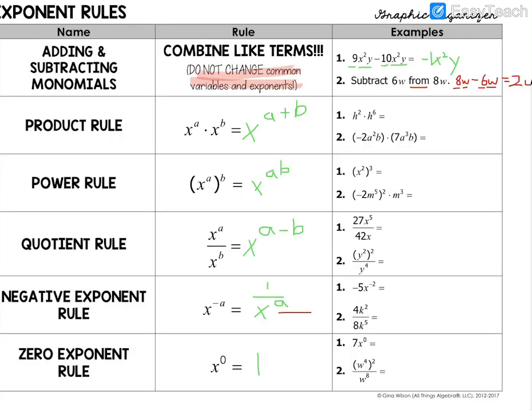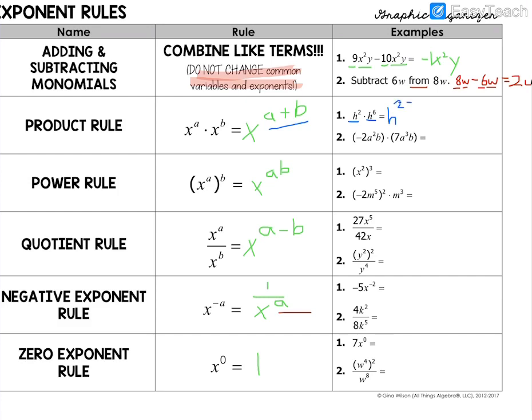All right, next we are going to look at our product rule. So with our product rules, when we have like bases that are being multiplied, we add our exponents. So in our example over here, we have a like base of h. So we're going to keep our base, and we add our exponents.